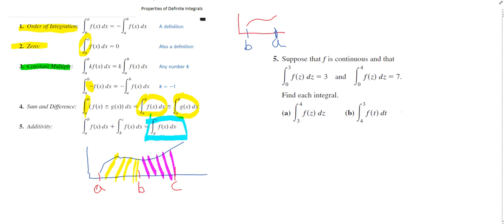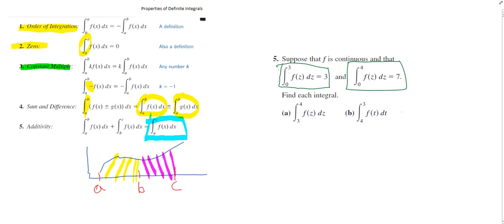Okay, so let's take a look at these properties and look at a problem here that's out of our textbook. So the first one says, if you have a function that's continuous and you know that from 0 to 3 is equal to 3, and from 0 to 4 it's equal to 7, could you evaluate from 3 to 4?